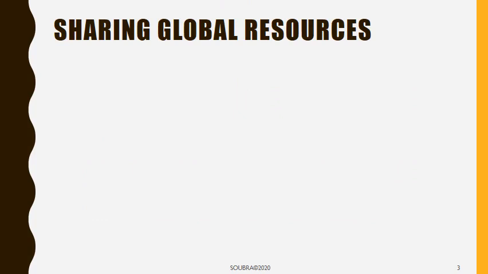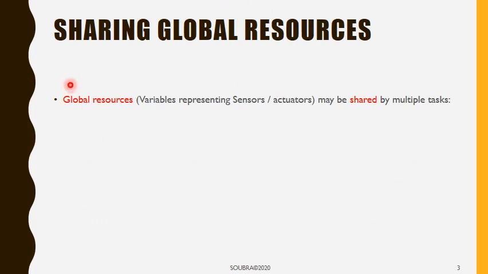Alright, so sharing global resources means that they're not independent tasks anymore, right? Usually, in the context of real-time embedded systems, we're going to use some variables to represent the registers, which in turn represent the sensors and actuators that the different tasks may be sharing.